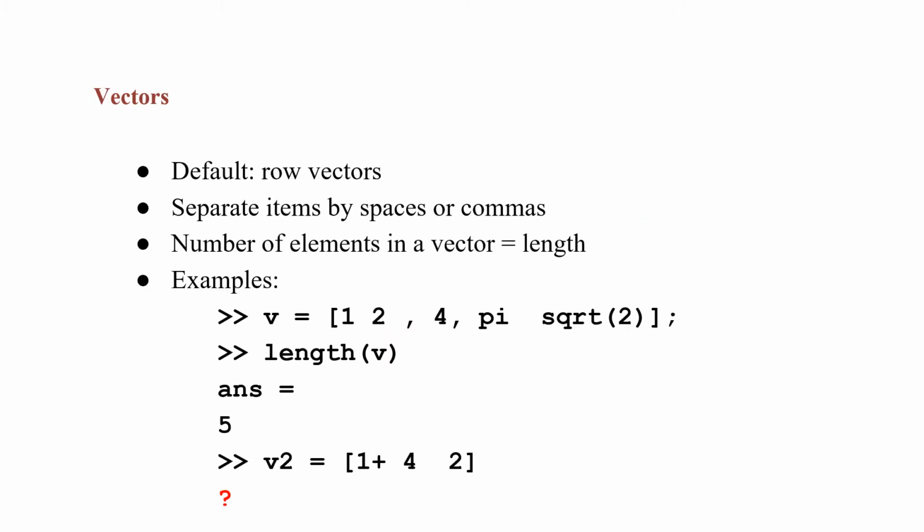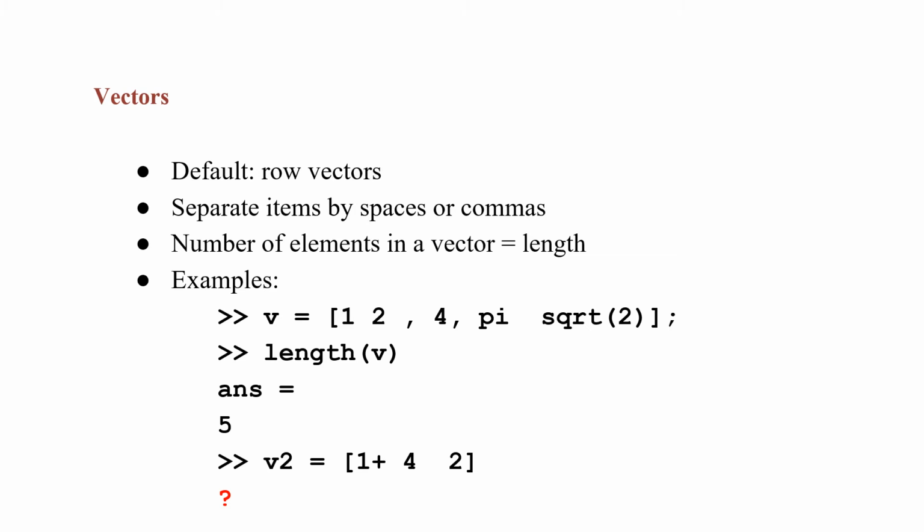In MATLAB, variables can be scalars, or they can also be vectors, meaning more than one element. Another name for a vector is an array. By default, we have row vectors in MATLAB, meaning one single row and one or more columns.